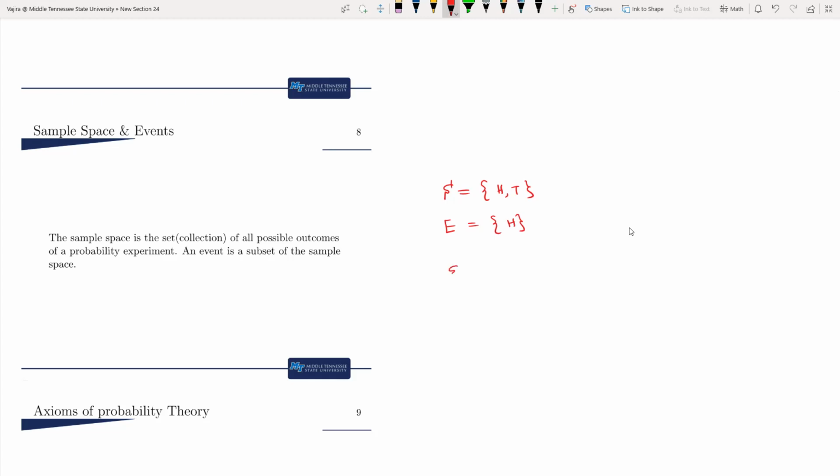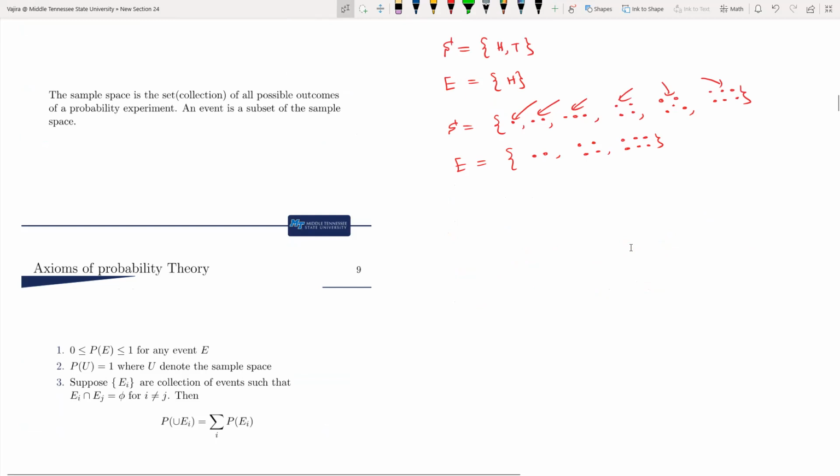Another example: let's say you roll a die, and the possible outcomes are 1, 2, 3, 4, 5, or 6. You can define an event to be, say, the face being an even value. Then the subset of this sample space, which is 2, 4, and 6, is called an event. The single experiment results are called outcomes.